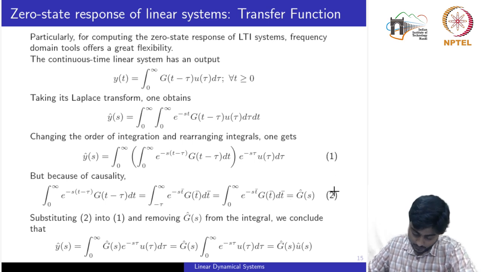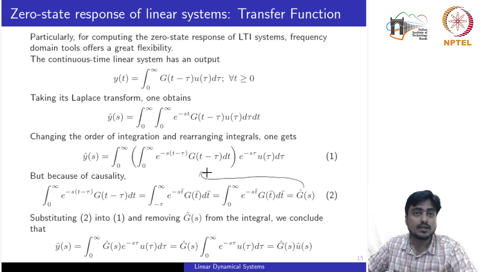Now substituting 2 into 1 and pulling out g hat of s. Notice that we are taking the integral over tau, and g hat of s is a constant for this integral, so we can take it outside, and the inner integral is basically the Laplace transform of u hat.